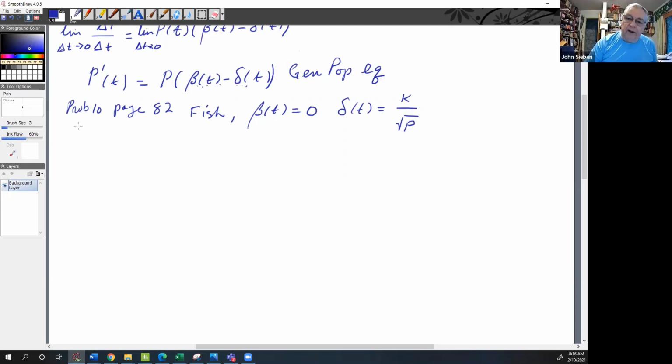And we know a couple other things. We know that when t is equal to 0, the population P naught is equal to 900 fish. And we know that at a later time, 6 weeks into this study, the population has fallen to 441 fish.